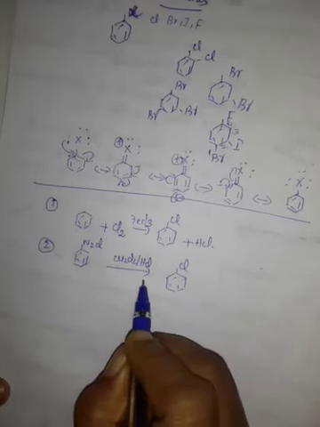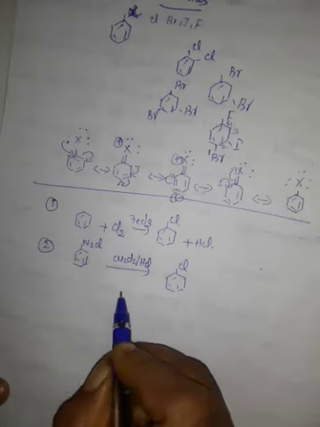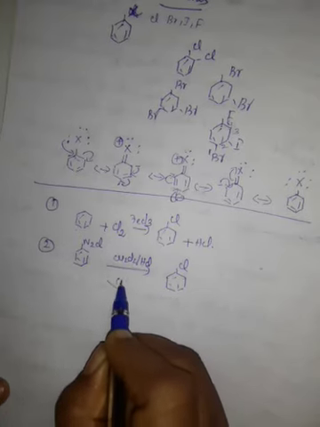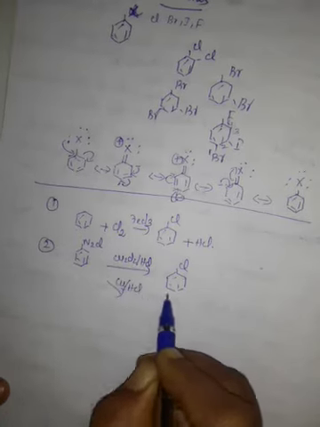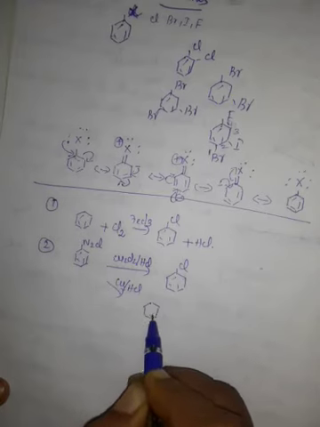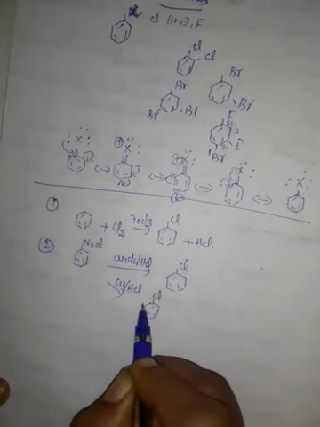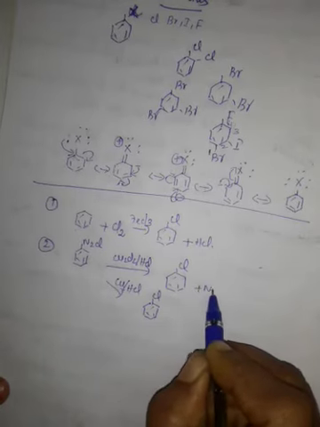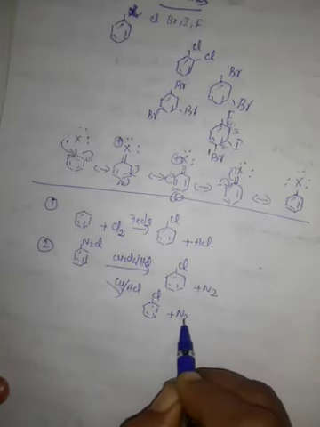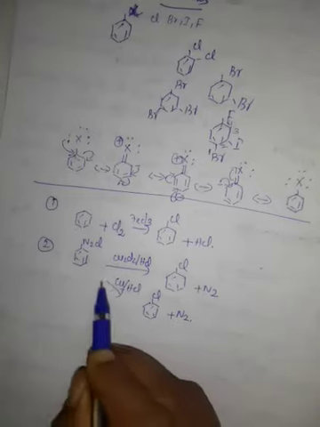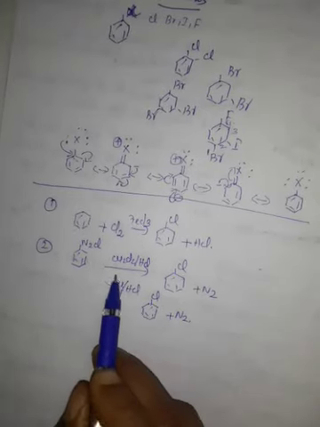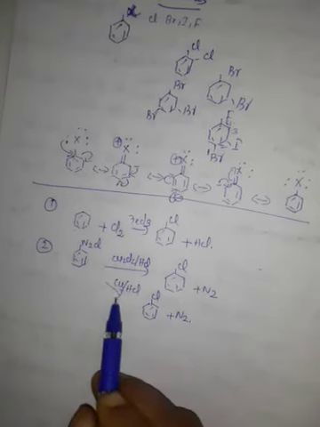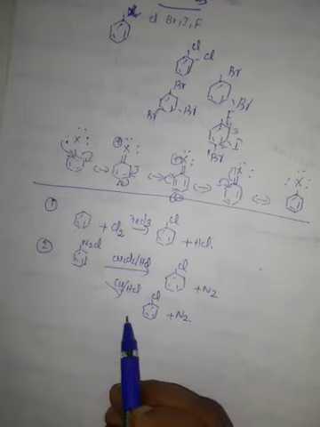This is called the Sandmeyer reaction. If it is treated with copper and HCl, we are getting the same chlorobenzene plus N2, but it is called the Gattermann reaction. Sandmeyer means cuprous chloride and HCl. Gattermann reaction means copper and HCl.